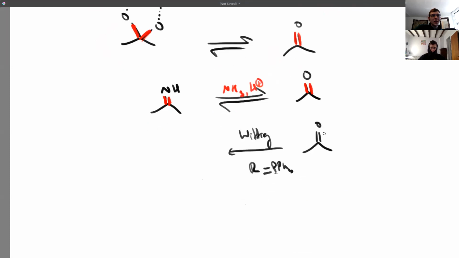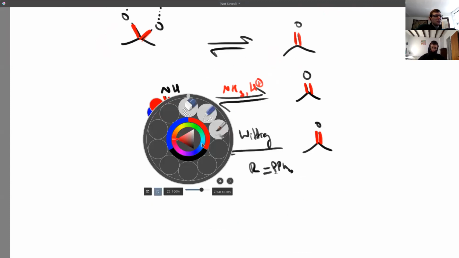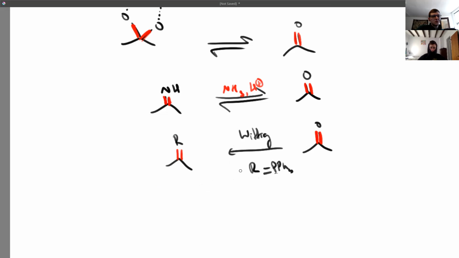This is another situation where you shouldn't overthink this: replace the oxygen on the other end of that double bond with your carbon. That's the really nice thing about the Wittig reaction, you just replace the oxygen with whatever carbon thing you want.